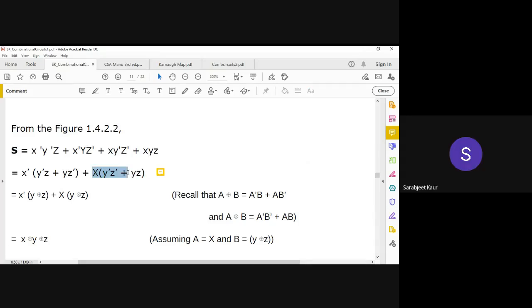Yes or no? Yes, ma'am. So what does this become? This becomes A' B or A B', right? And what is this equal to? This is equal to A XOR B. Am I wrong?